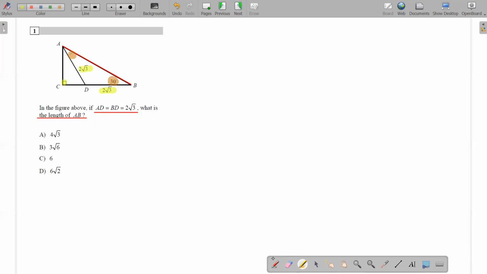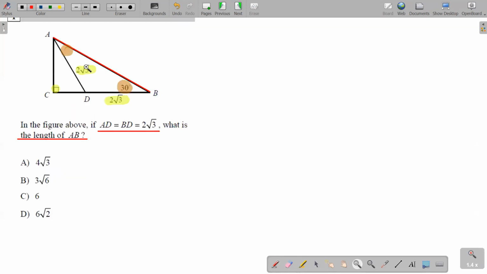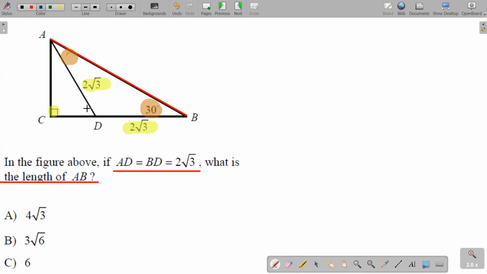Since this angle is 90 degrees, I know that this angle is 60. And the reason why I know that this angle is 60 degrees is because the triangle ADB has two angles that are 30 degrees and 30 degrees, so to reach 180 degrees, this angle right here must be 120.